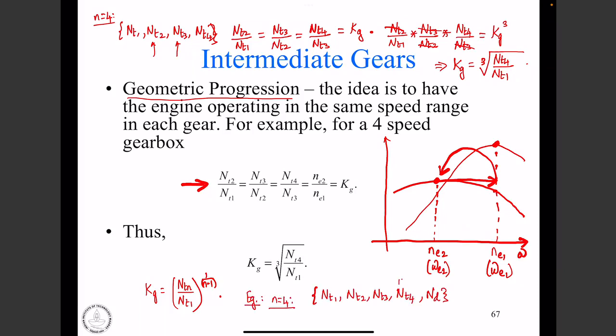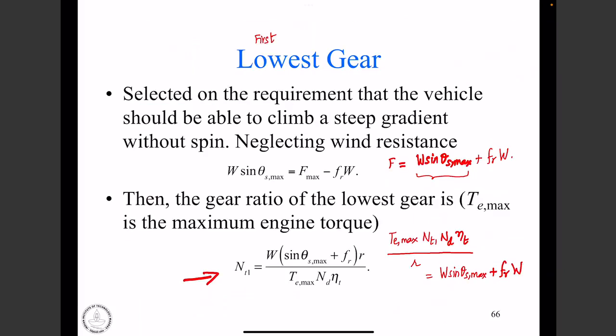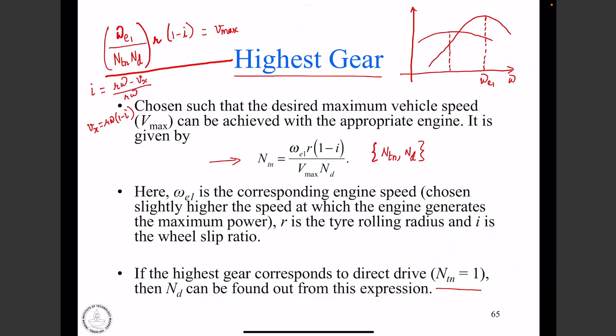By convention, the 4th gear is taken to be the direct drive, so we can immediately use the constraint of Vmax to get ND. We use the equation that we derived when we wrote down the specification of the maximum longitudinal speed to get ND. Because we know NT4, and please note that once I know NTN, I can get ND.